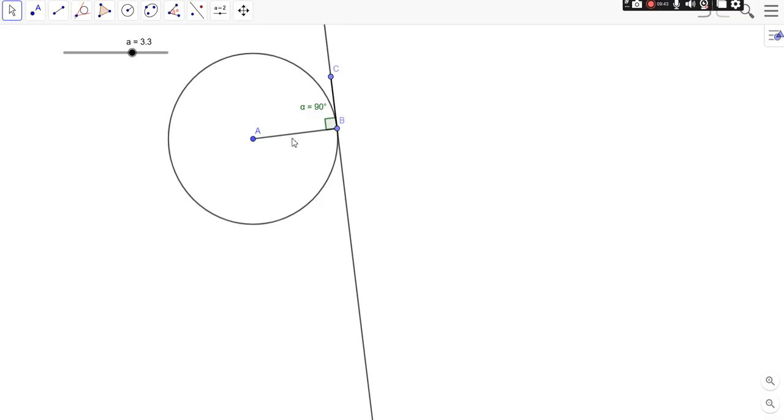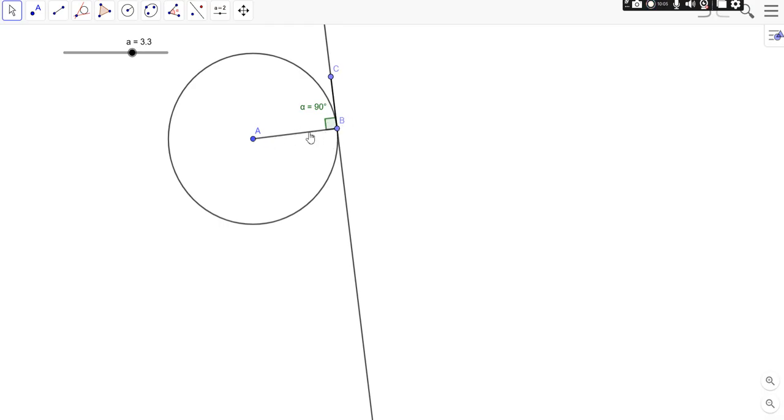What have we done? We drew a circle with some radius. We took a point on the boundary of the circle and drew a tangent to it, right? Then we joined the point of contact with the center.